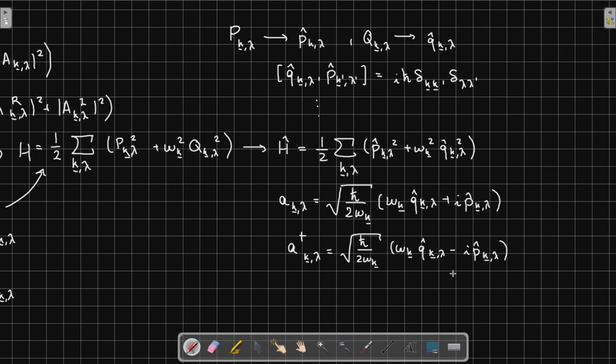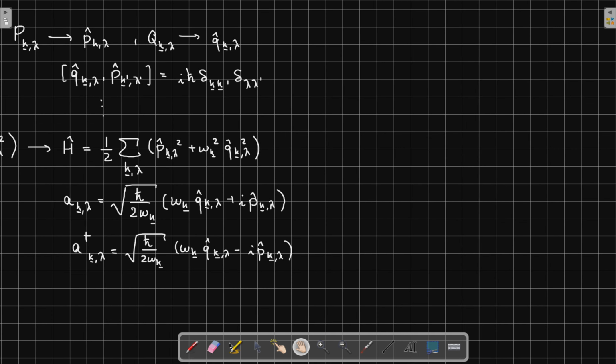I can actually use these to express my initial operators. In other words, I can write q_kλ as just square root of ħ over 2ω_k times (a†_kλ + a_kλ).